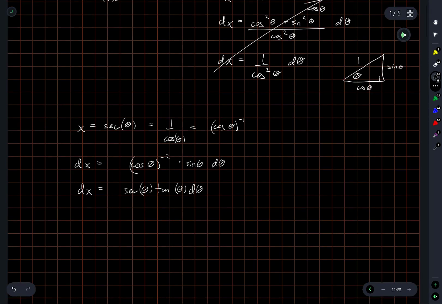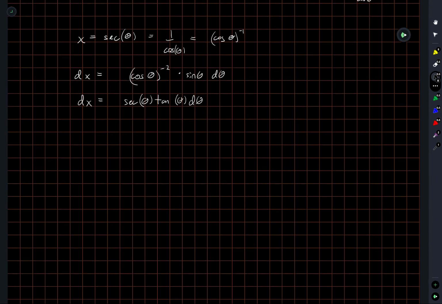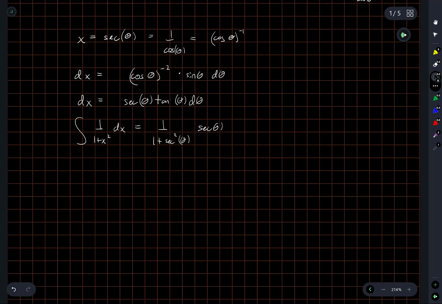Does this help me at all? So then the integral of 1 over 1 plus x squared dx is 1 over 1 plus secant squared theta times secant theta tan theta d theta.